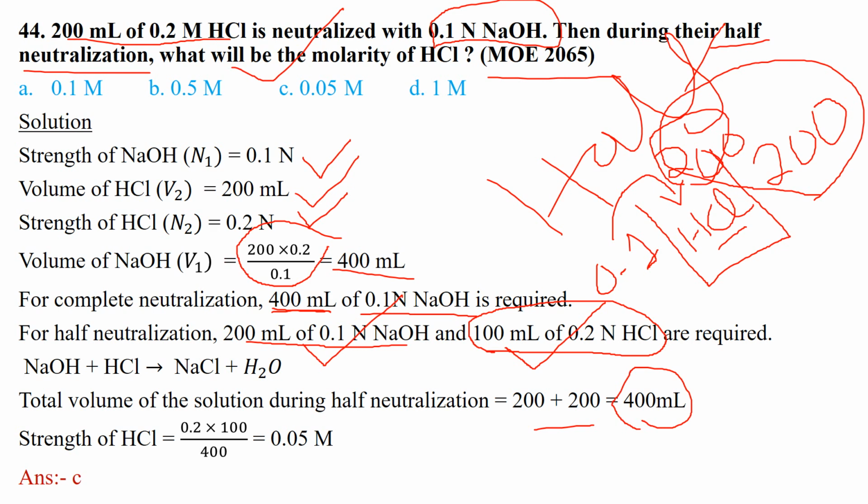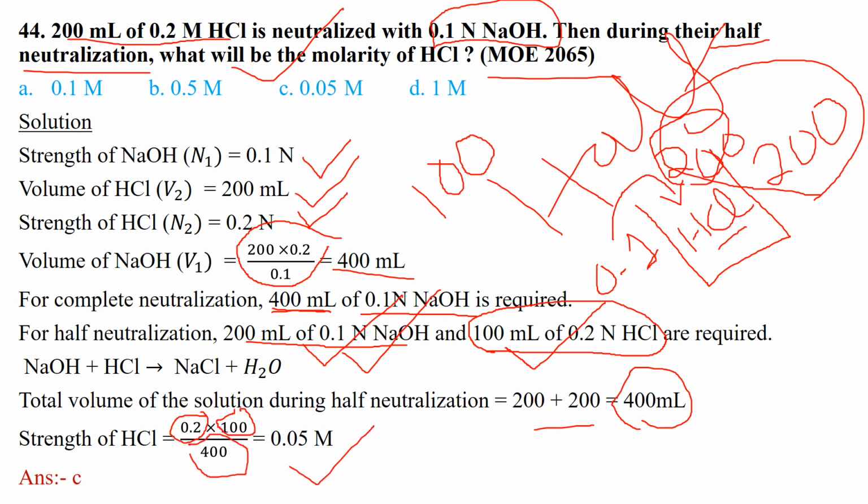Then inside the beaker only 100 ml of HCl remains, because 100 ml of 0.2 normal HCl is neutralized by 200 ml of 0.1 normal NaOH. So 0.2 into 100 divided by the total volume 400 gives the answer 0.05 molar.